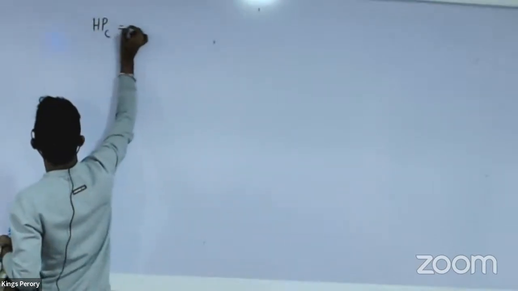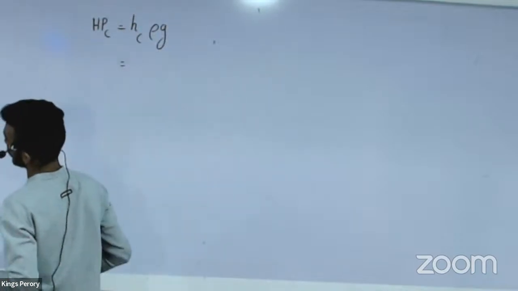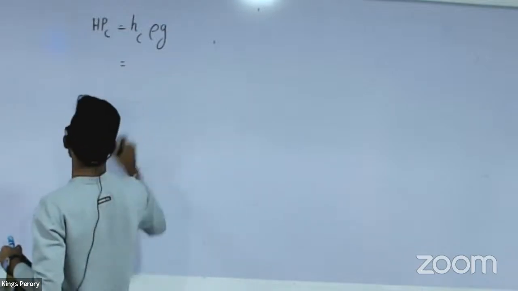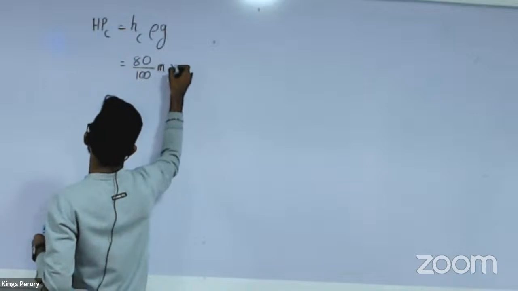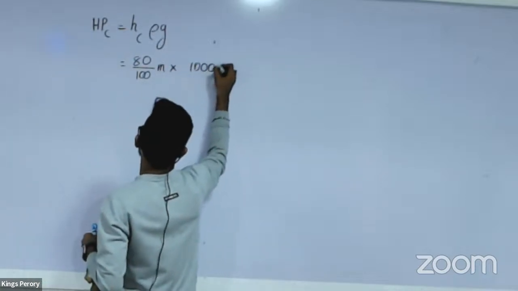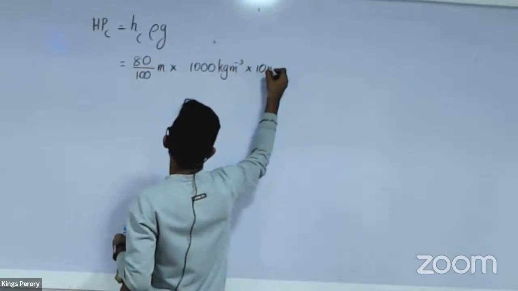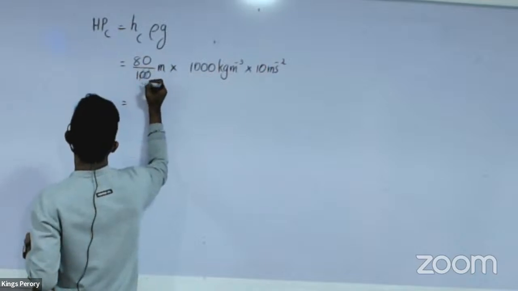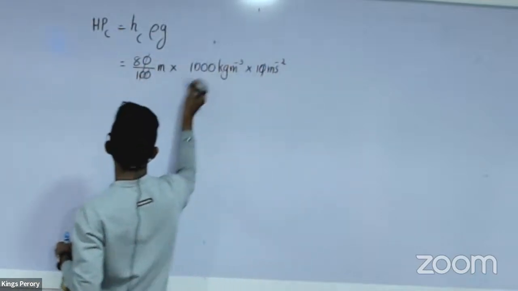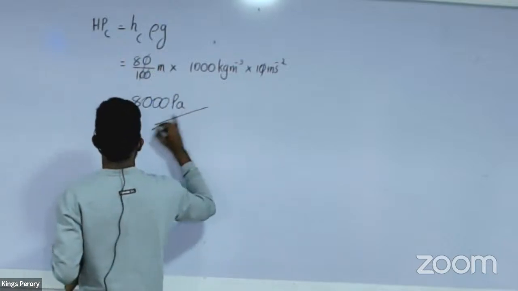Right. Hydrostatic pressure at C is h rho g. h is how much? 80 centimeter, that is 80 over 100 meters. Density 1000 kilogram per meter cube. Gravity 10 m s to the power minus 2. 80 over 100 times 1000 times 10, how much? 8000 Pascal.